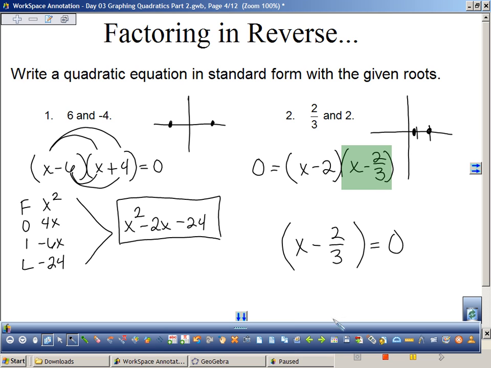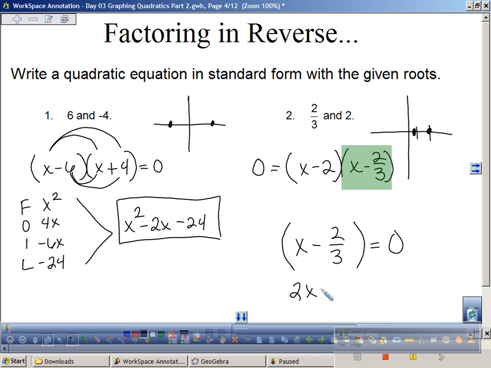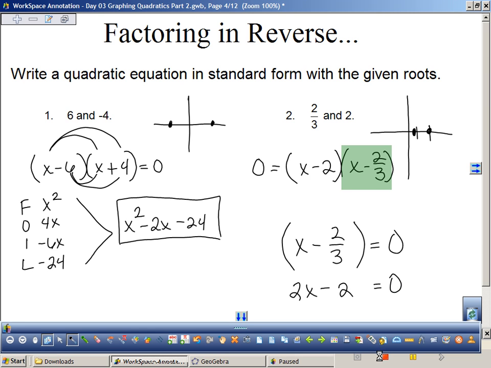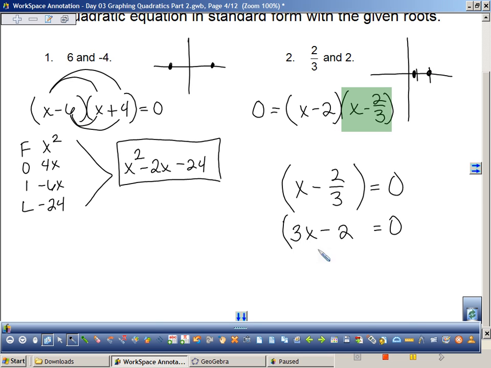Multiply by what? Not 3. Simpler than that. Clearing the denominator, I taught you guys, right? What would I multiply everybody by? So if I multiply everybody by 3, wouldn't I get 3x minus 2 equals 0? Sorry, yeah. Right, if I multiplied everybody by 3, let's do that in reverse.